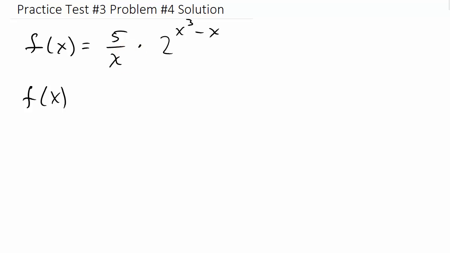So let me just show you. If you have some number k over x, and k is a constant, well, to take the derivative, we would rewrite this as k times x to the negative 1.